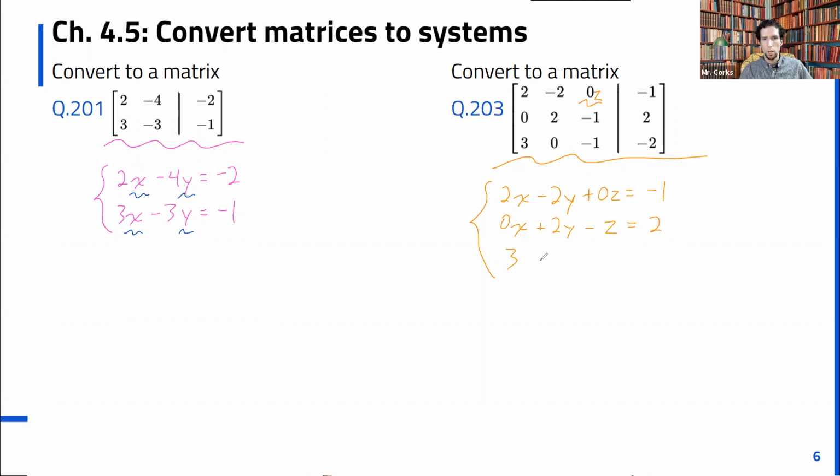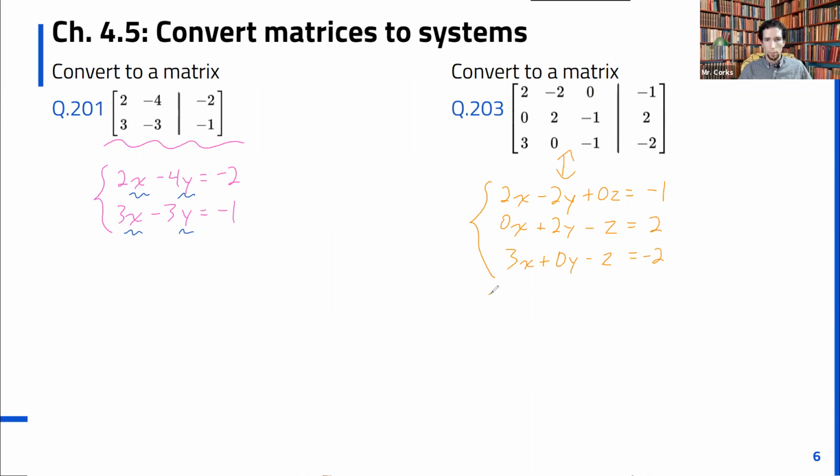And 3x plus, sorry, that's not 2, 0y minus z equals -2. So there's the matrix on the top, and there's the system of equations down below.